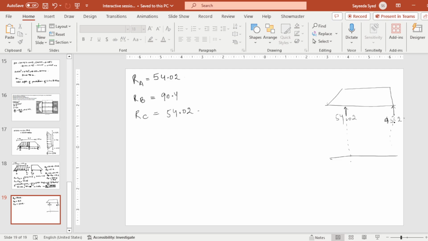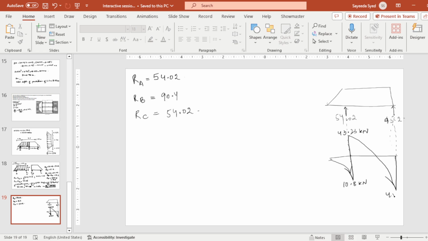This will move like this, and then we will be at point load, and then it will be like this. This will be the shear force diagram. Here it will be 10.8 kilonewton. This will be 43.23 kilonewton. This will be 45.2 kilonewton, and this will be 0.